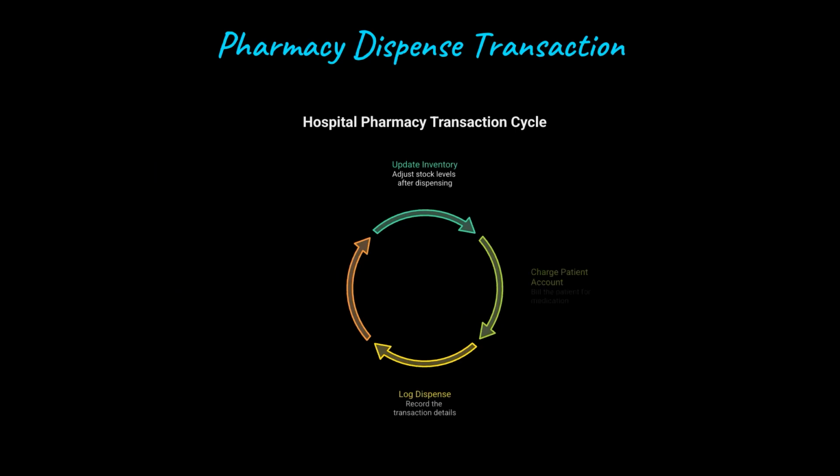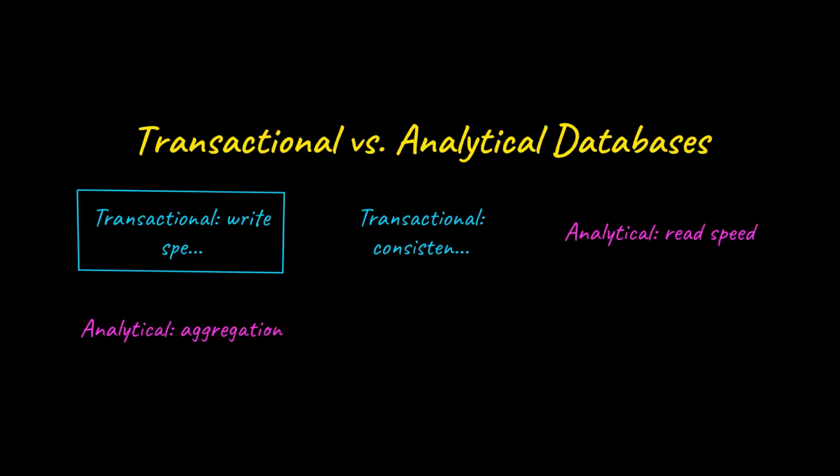In practice, a single pharmacy dispense touches multiple tables at once: inventory, billing, the dispense log, and the medication administration record. If any step fails, the entire transaction rolls back, preventing partial updates that could have real clinical consequences. The key exam distinction is purpose. Transactional databases prioritize write speed and consistency to run live operations.